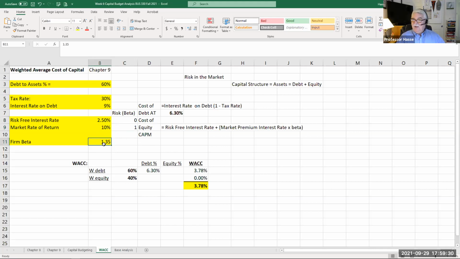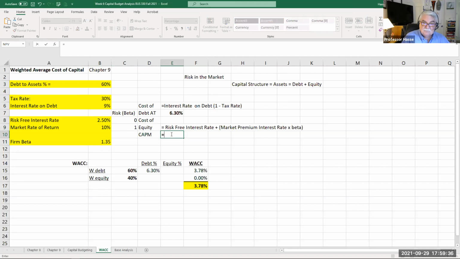At 1.35 risk, it equals the risk-free rate of, let's put that in parentheses, 0.025, that's 2.5%, plus the market premium, which is the market interest rate, 1.0 minus the risk-free rate, 0.025, times the beta of the company, 1.35.